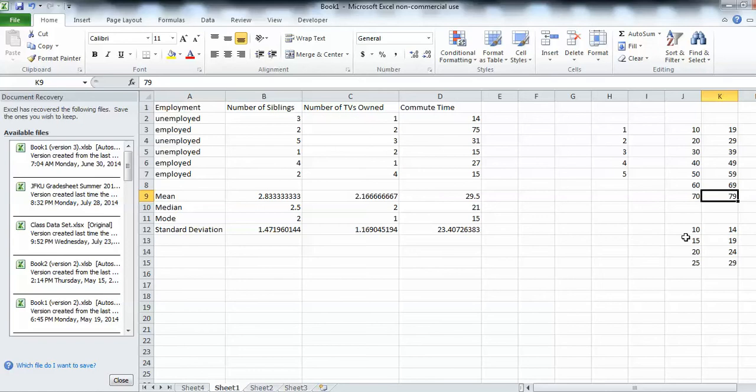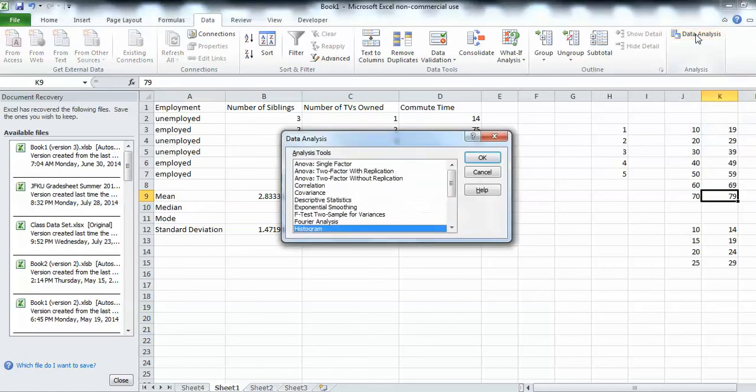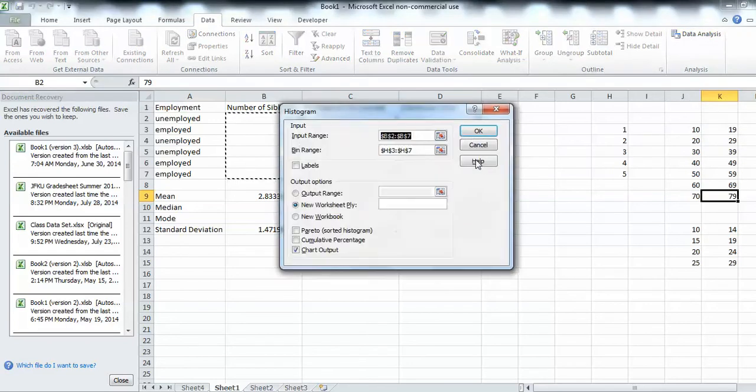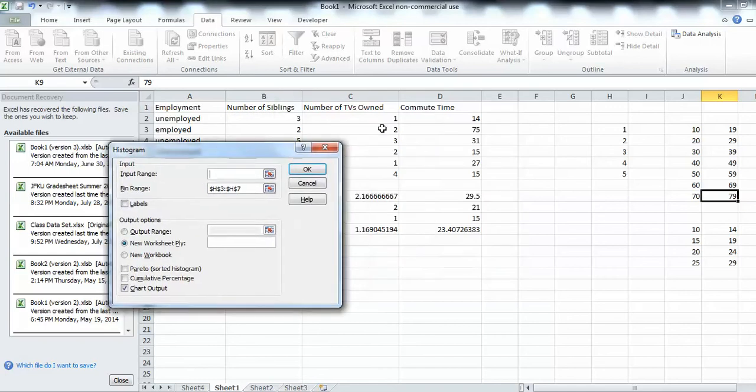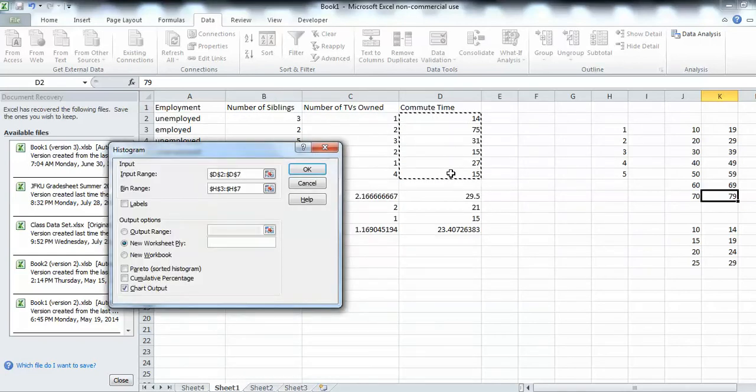So I'm going to do it this way. I go up to Data, I go to Data Analysis, I go to Histogram, I highlight my input range for commute time, just the data values, not the values that you calculated down here. You don't include those.